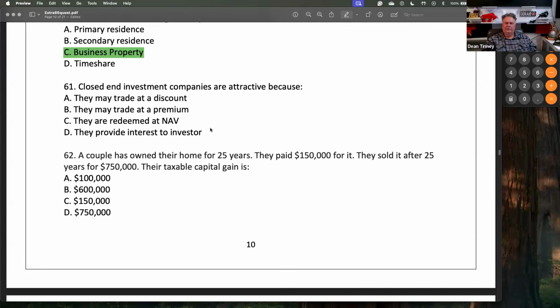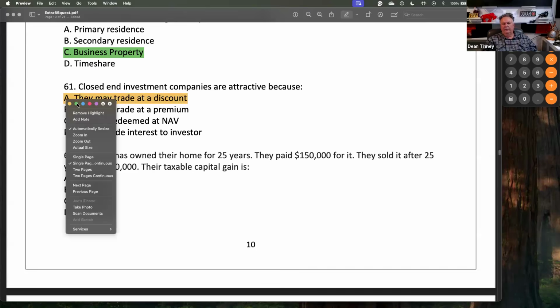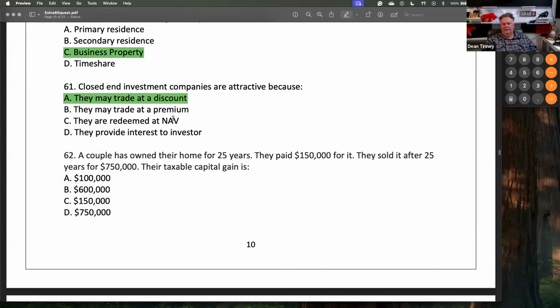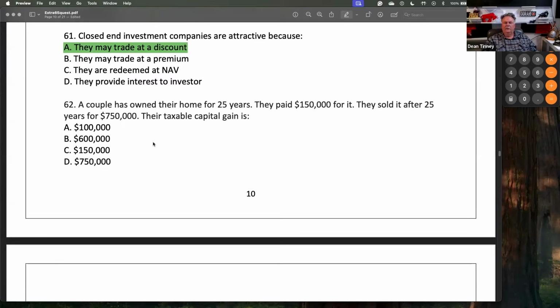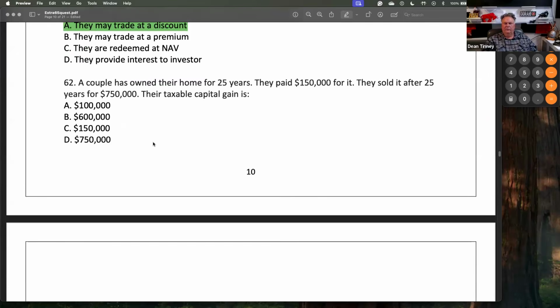Would you rather pay a premium or a discount? What's more attractive to you? A discount. Brian, you should have known it's not C, and you should have known it's not D. And what I would tell you is when you get two opposites, it's usually one of the opposites. If I have two, then you look at it and just rephrase it again. So you get to A or B, and then you just have to decide which one of those is better.